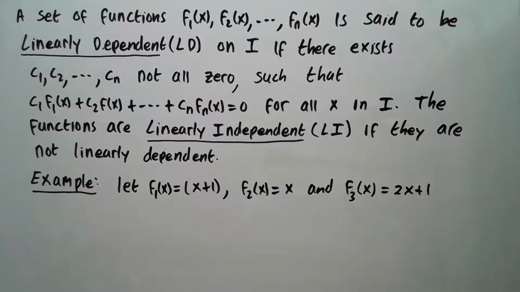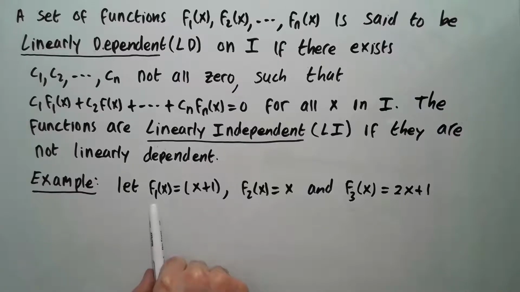Here's an intuitive way of thinking of linearly dependent. The functions would be linearly dependent if you can make one of the functions from the other ones. So could we use f1 and f2 to make f3, or f1 and f3 to make f2?